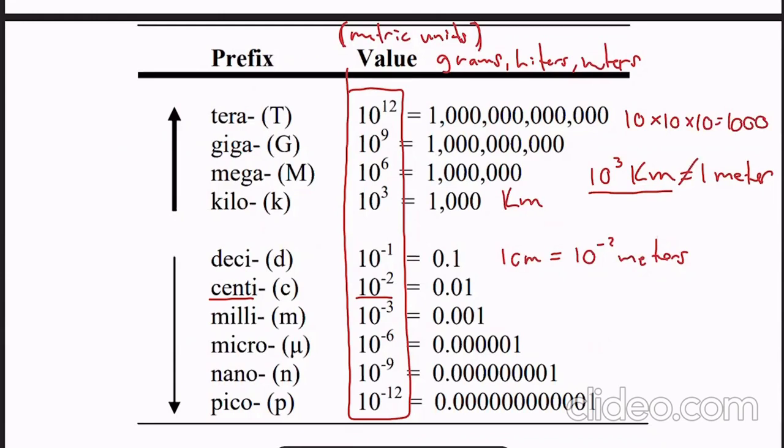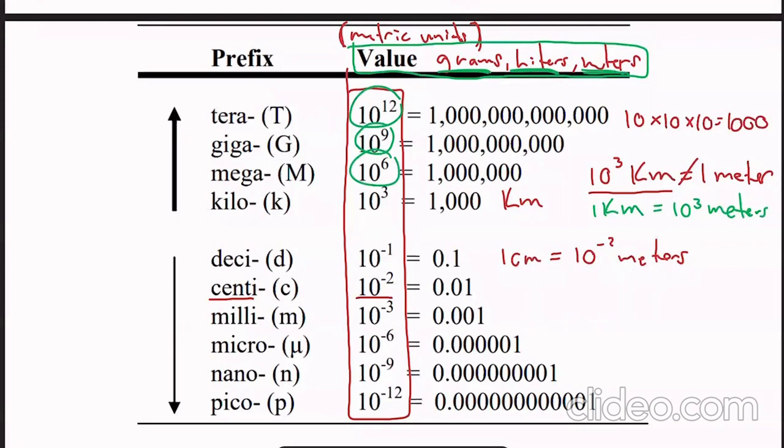So again, the values we use here are for grams, liters, and meters. And how I would correctly write this is I would say 1 kilometer is equal to, well, the prefix for kilo is 10 to the 3, so 10 to the 3 meters.